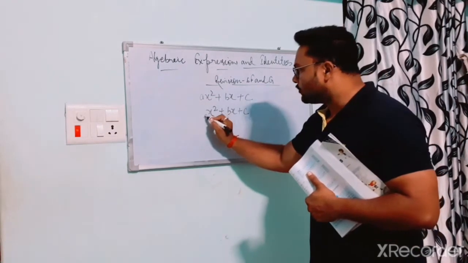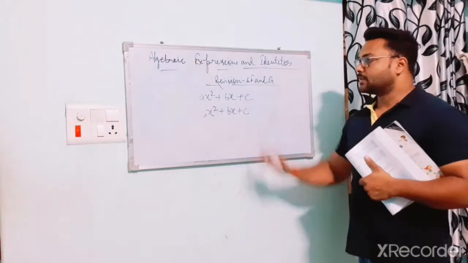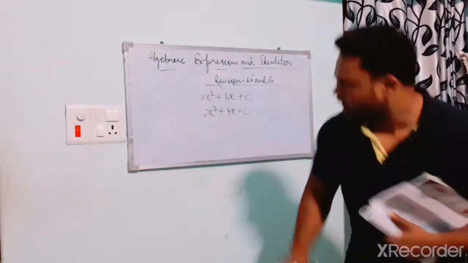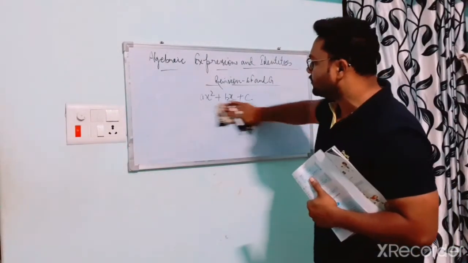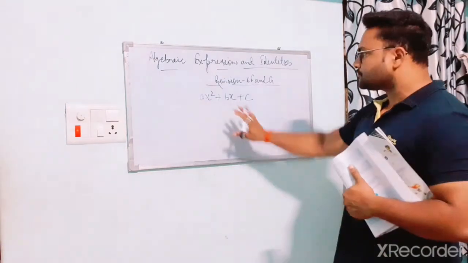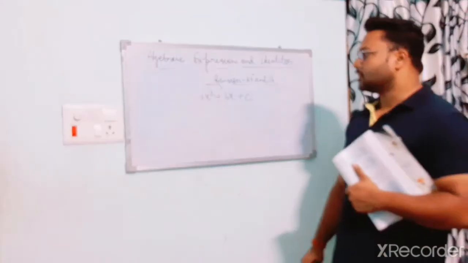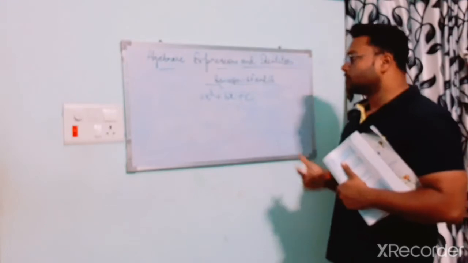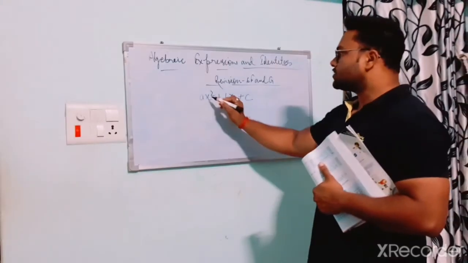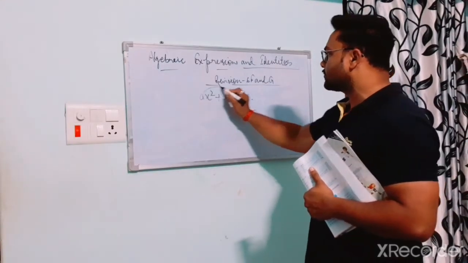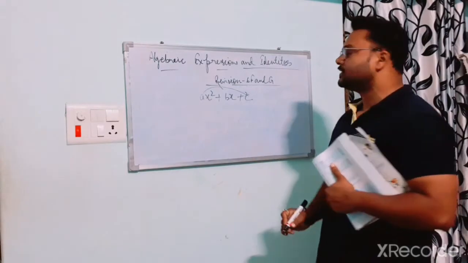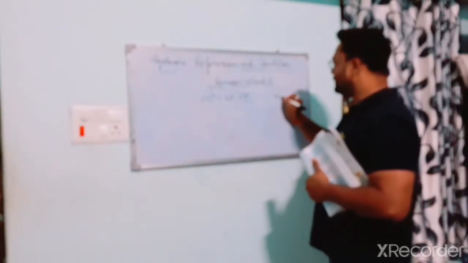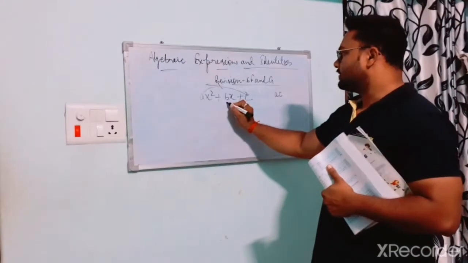Now there is a coefficient of x square, so that you also have to consider while solving the given expression. We have discussed how to solve such questions. First of all, you multiply the coefficient of x square with the constant term. What do you get? A into C, AC, and this is B.